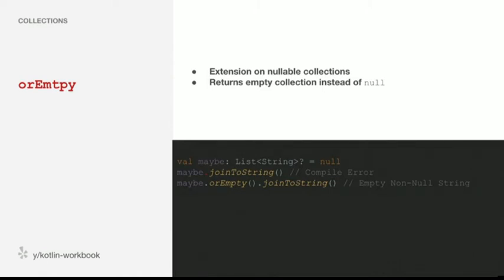So for example, if you have a collection of some businesses and maybe null, but you want to actually have a string, then in this case you can just say orEmpty joinToString, and then if they're there, it will produce a large string. If it's empty or null, in both cases, it will produce an empty string for you. So it's just for sometimes, gets you out of nullable things that are coming from outside Kotlin.